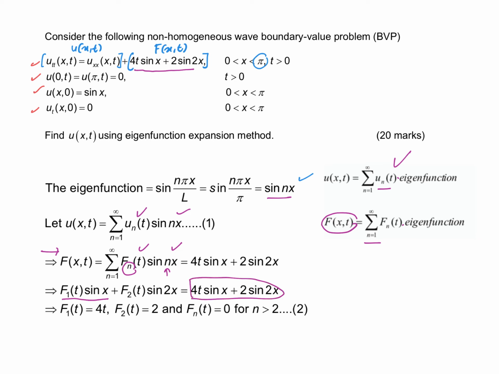So by comparison, we have sin x on the left side and also on the right side. So our f1(t) is equal to 4t. And then for sin 2x, we have f2(t) equal to 2. For n greater than 2, f_n(t) will be equal to 0 since we cannot compare to the right side.